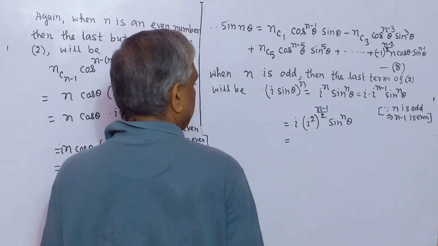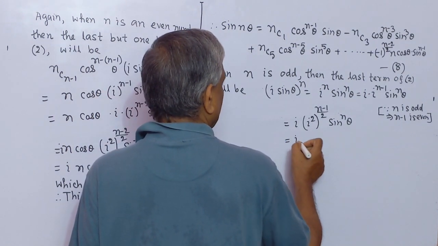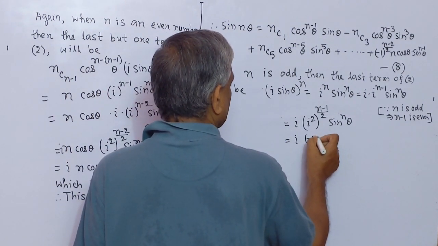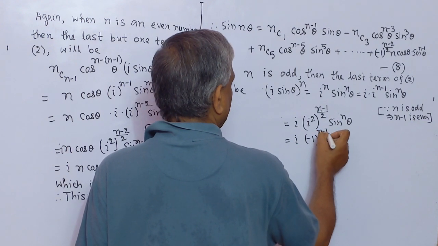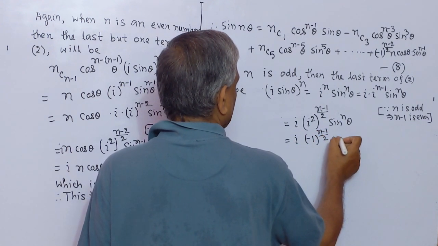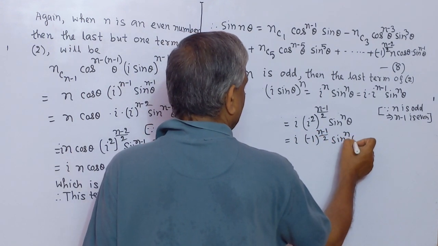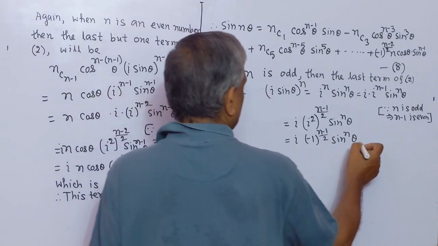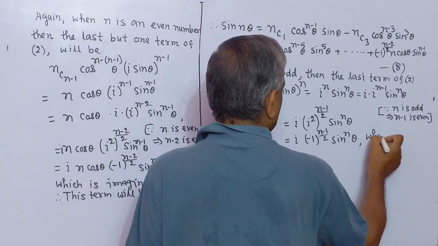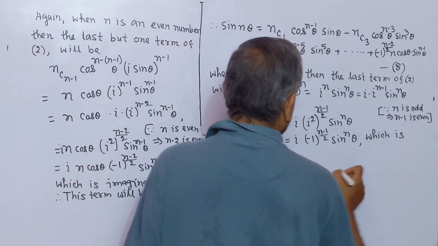This will be equal to i square, which means minus 1 to the power n minus 1 by 2 sin to the power n theta, which is imaginary.